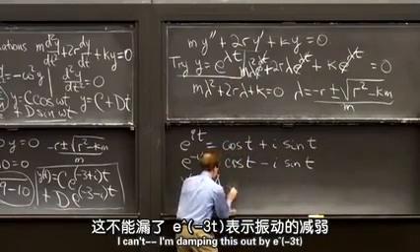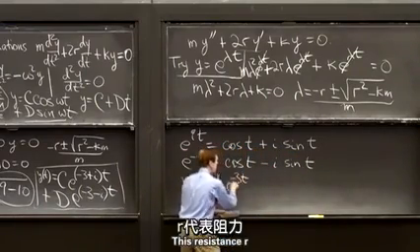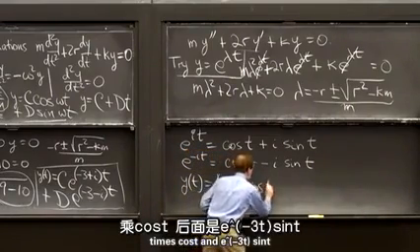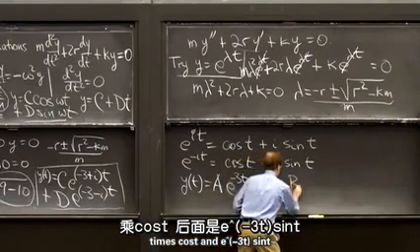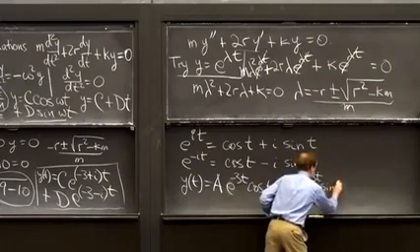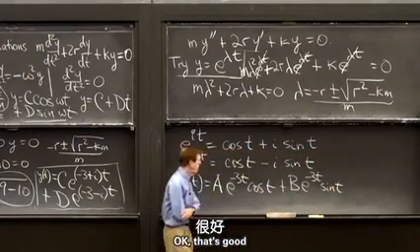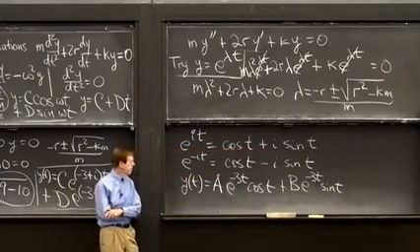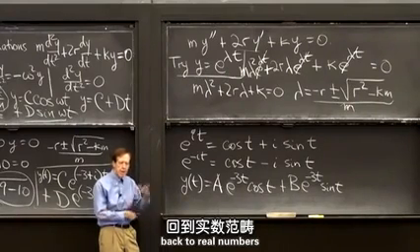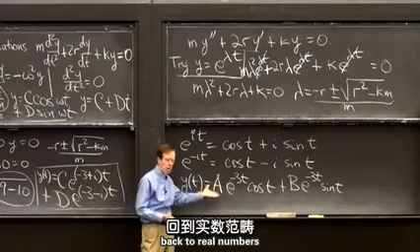I'm damping this out by e to the minus 3t, this resistance r, times cosine of t, and e to the minus 3t sine of t. Okay, that's good. General solution, back to real numbers.